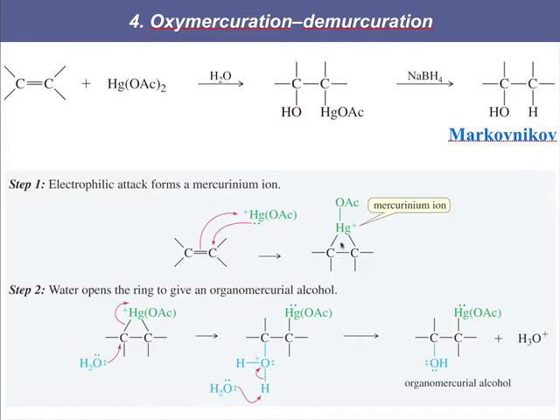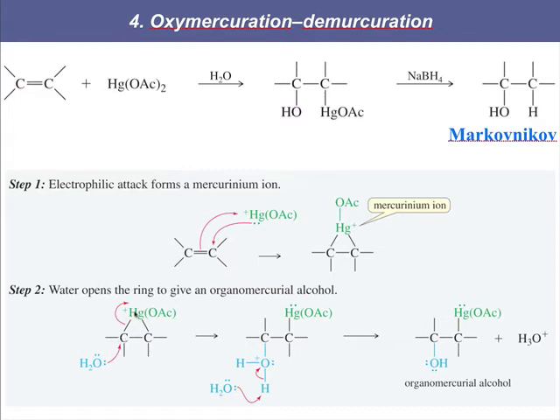As a result, water, which we have floating around, remember we're using water here, will add to one of these carbons and do an SN2 type reaction to displace this mercury. Here water comes in from the back side of the carbon, the mercury acts as a leaving group, and the electrons leave from the front side onto the mercury. So this is an SN2 type displacement that opens that 3-membered ring.